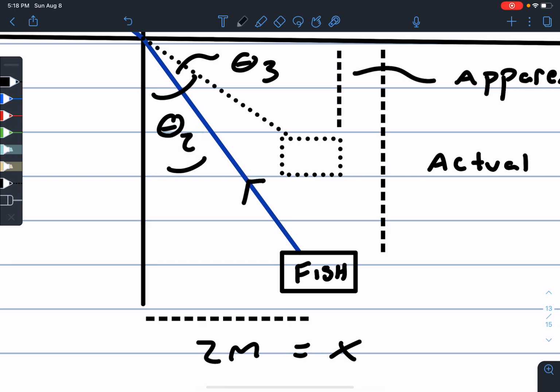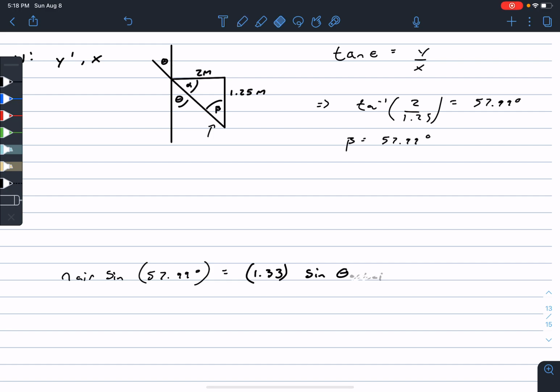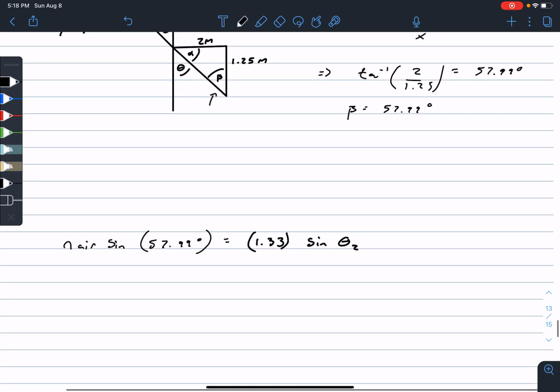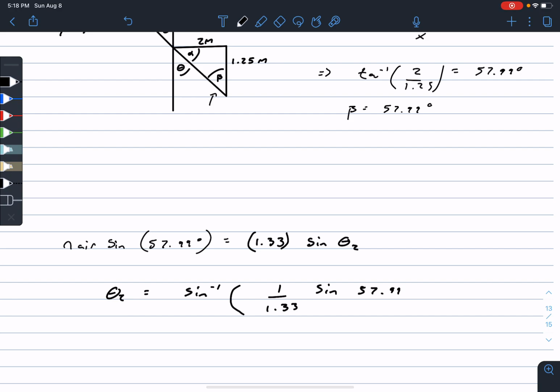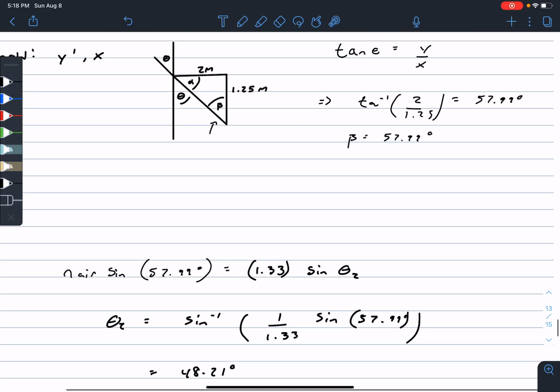We're solving for this using Snell's formula: inverse sine of 1 over 1.33 times sine of 57.99 degrees. That's going to give us a value of 48.21 degrees, which is the actual angle of refraction.